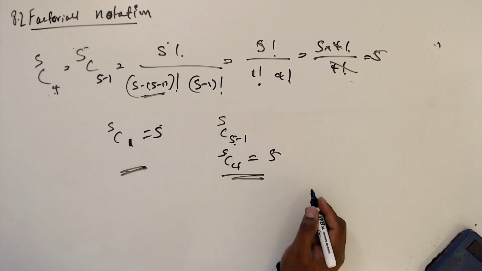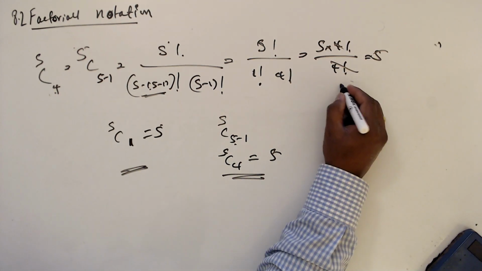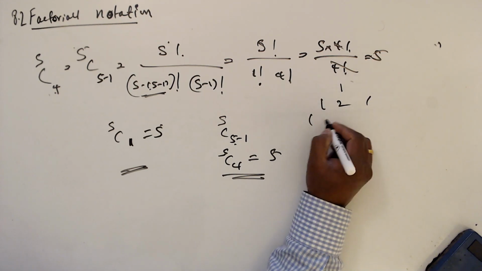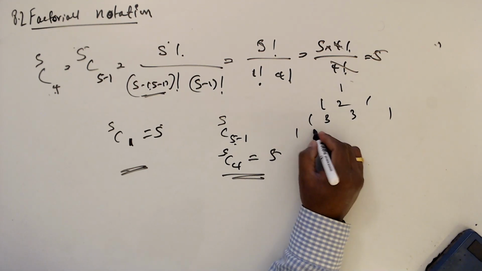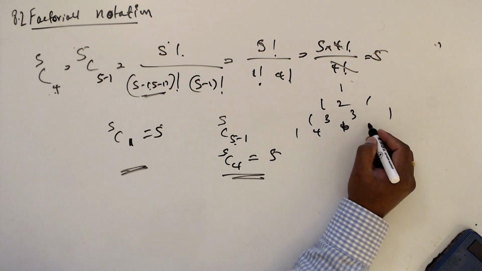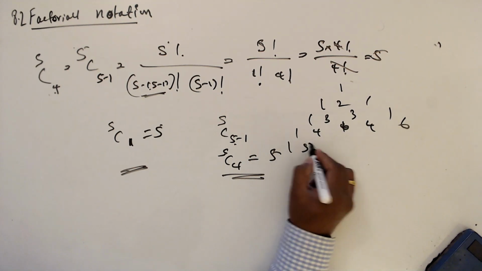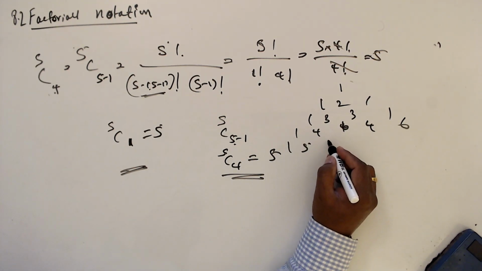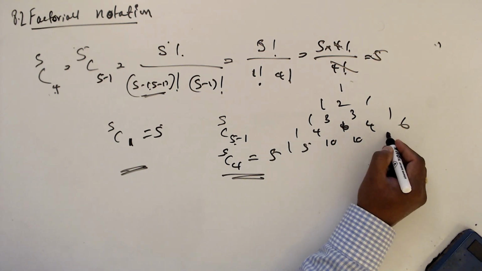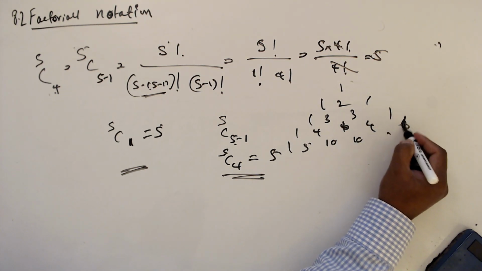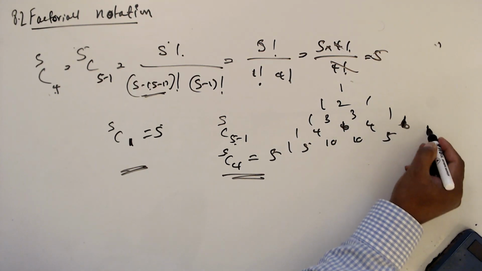From the Pascal triangle: 1; 1 1; 1 2 1; 1 3 3 1; 1 4 6 4 1; then 1 5 10 10 5 1.